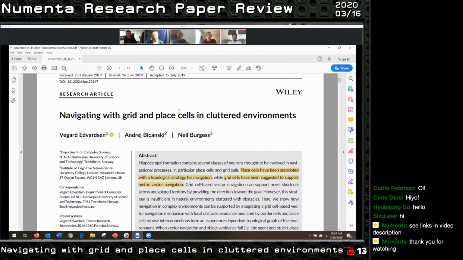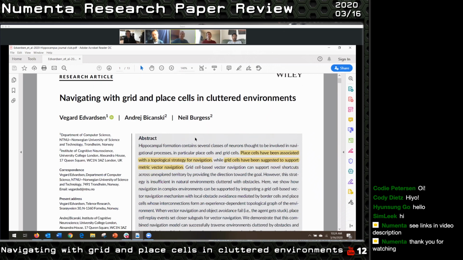If I have a metric space defined by grid cells, I can take my current location and calculate the direction and distance to the goal. And that's just like a straight cross shot to that goal. We've talked in the past about mechanisms that are proposed for that, but they're kind of wishy-washy. But that's one idea. And the other way of navigating, which I hadn't really understood before, is using place cells.